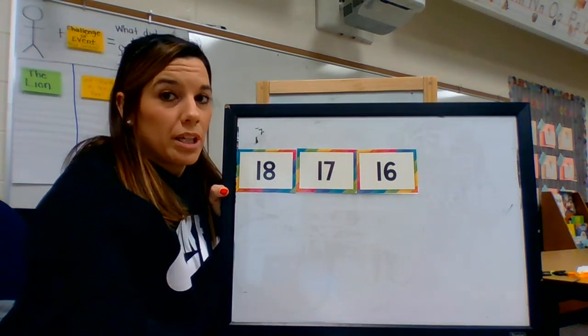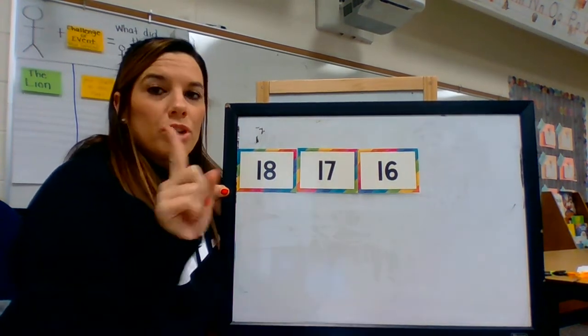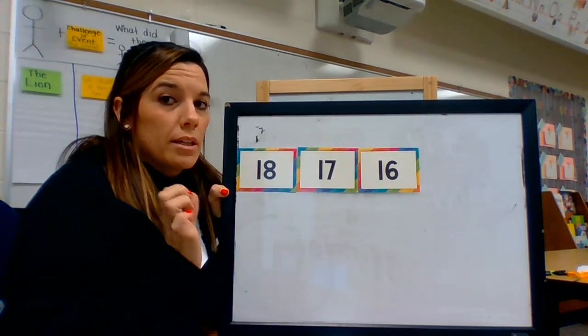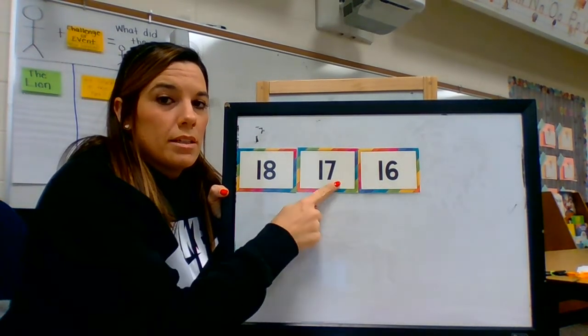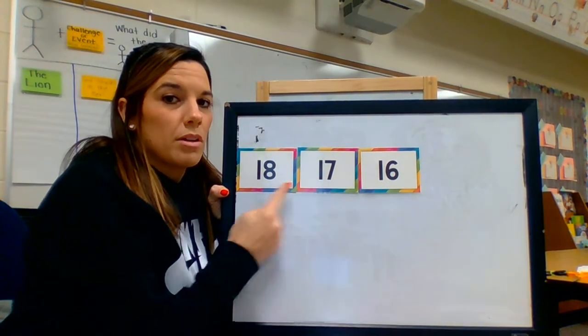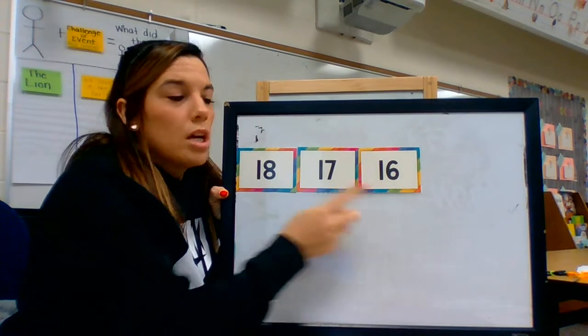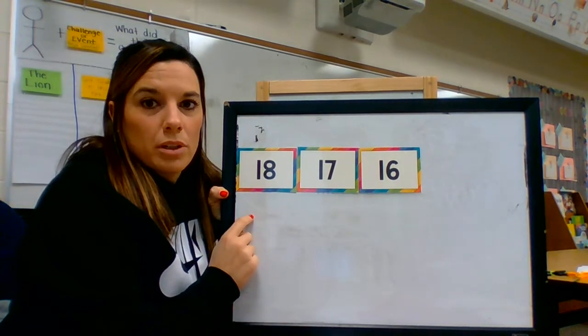Ooh, this one is tricky. The first thing we're going to figure out, are the numbers getting bigger or are they getting smaller? 18, 17, 16. Are the numbers getting bigger or smaller? They're getting smaller.